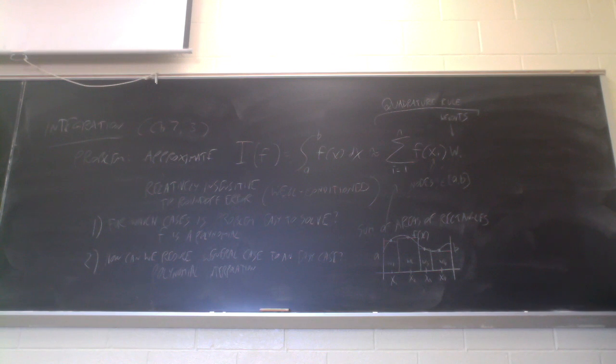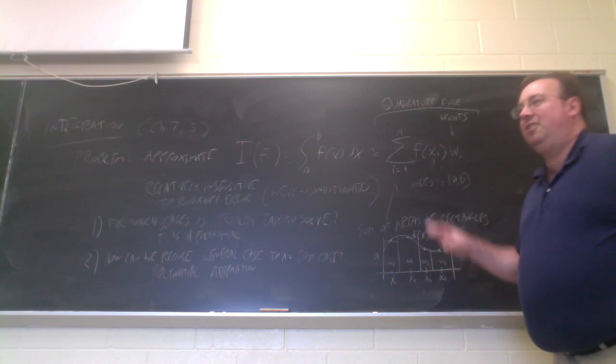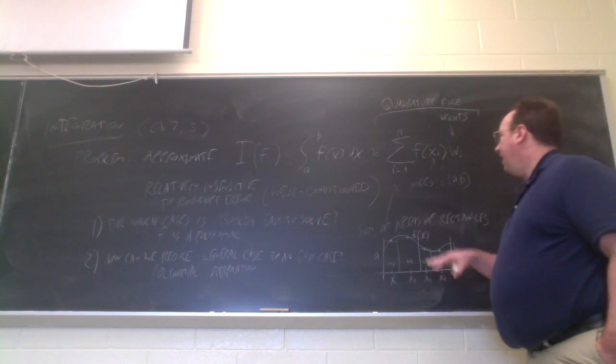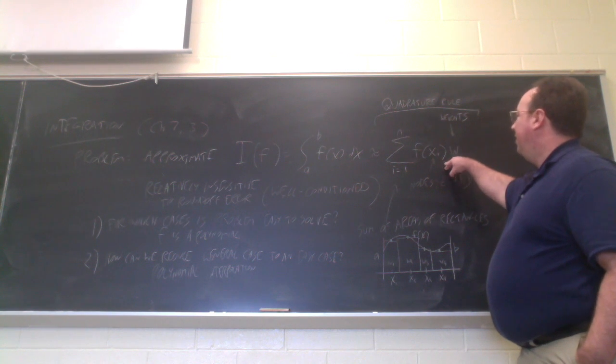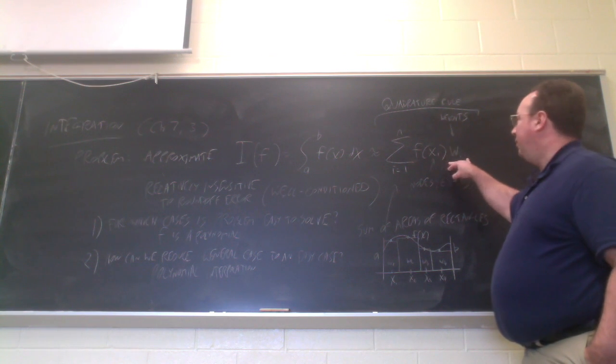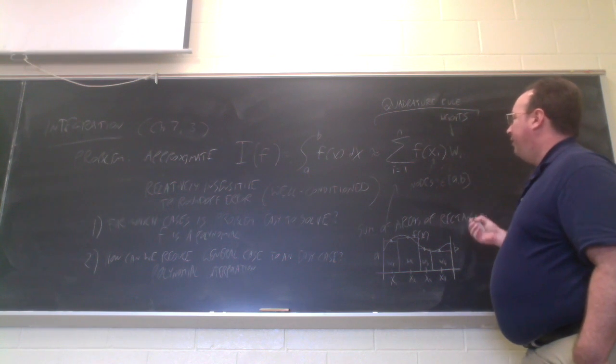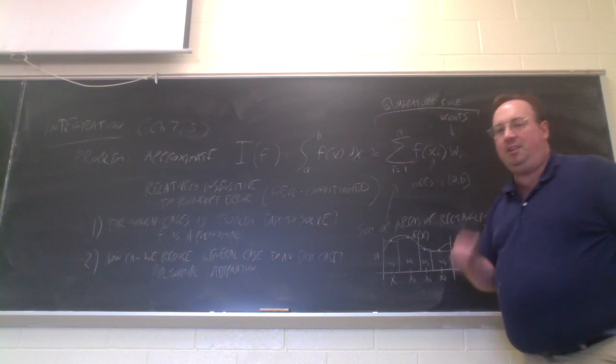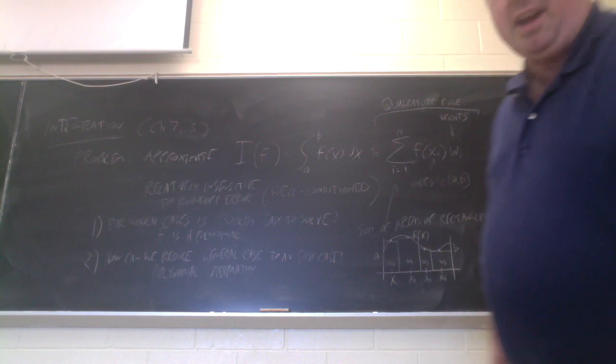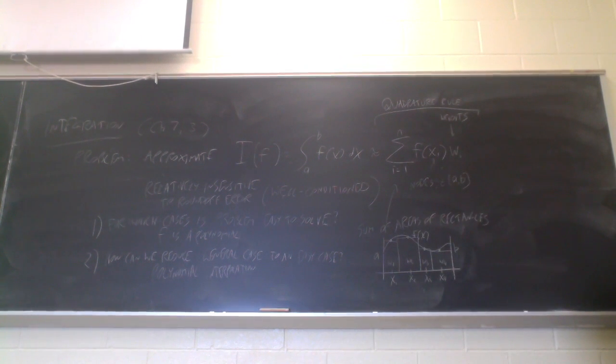Okay. So this gives us some guidance on how to actually choose nodes and weights. Because here we have a general quadrature rule where I haven't really specified anything about the nodes and weights, but at least now we can narrow that down a little bit.